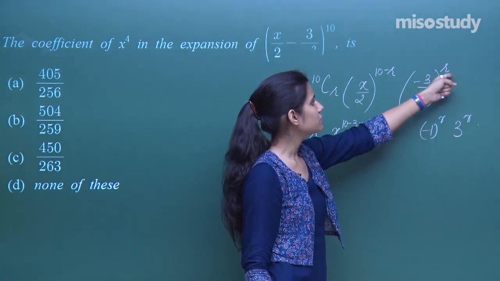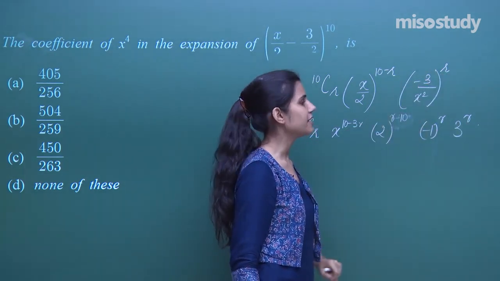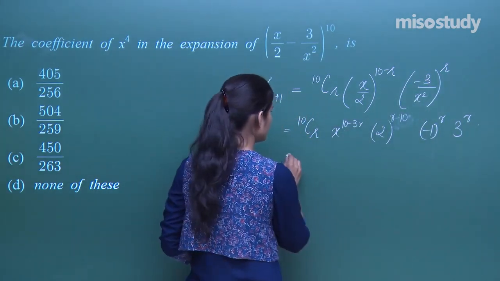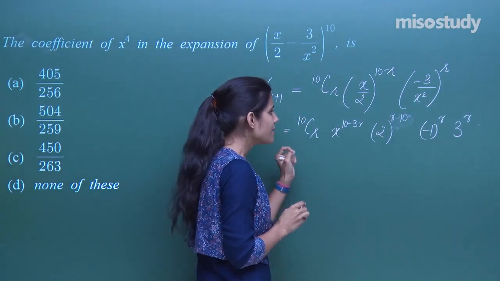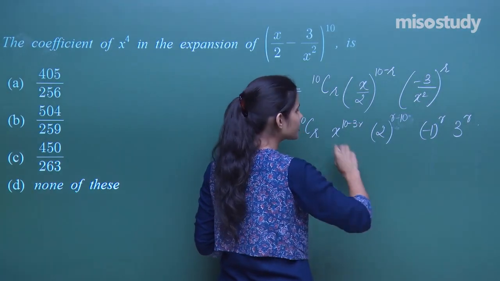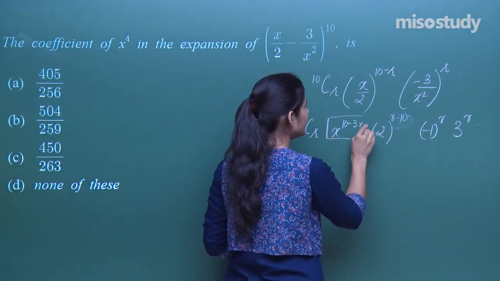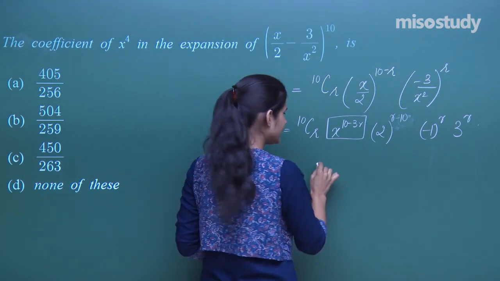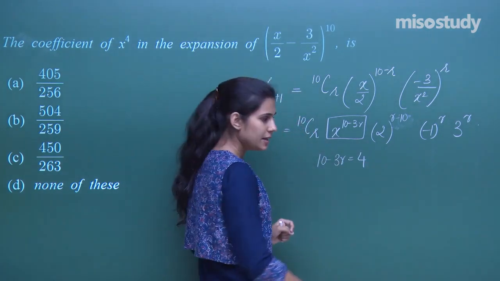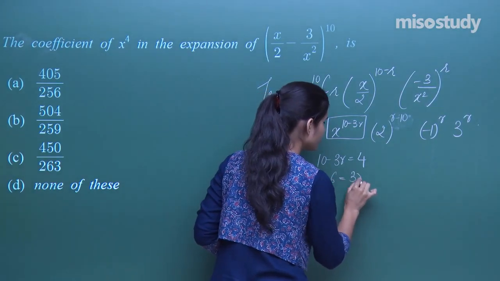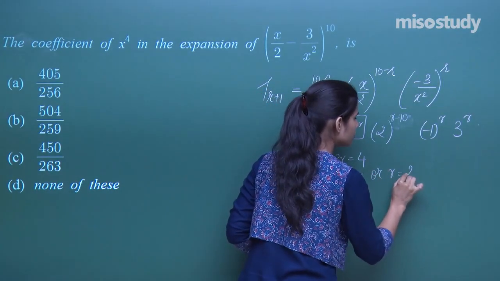I am wanting the coefficient of x to the power 4, so I want 10 minus 3r to be equal to 4. That means 6 is equal to 3r, or r is equal to 2.